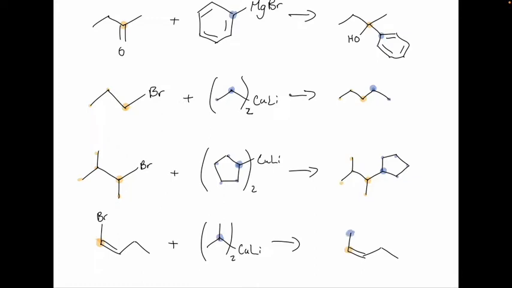So this is my new carbon bond here. So that would be my product. Okay, so that was one special consideration we had to make with our Gilmans, is again, it preserves stereochemistry.